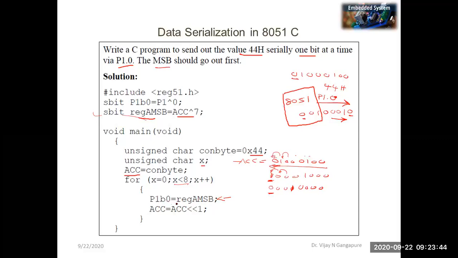In this way we are transmitting these 8 bits, that is 44, serially on pin number 0 of port 1, with MSB first. That is, MSB should go out first, that has been asked in the statement. In this way I can serially transmit given data byte on pin number 0 of port 1. So on any port pin I can do such serialization.